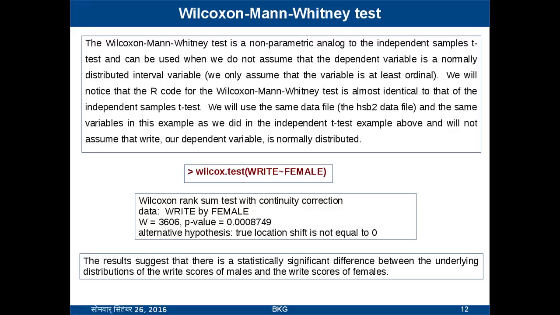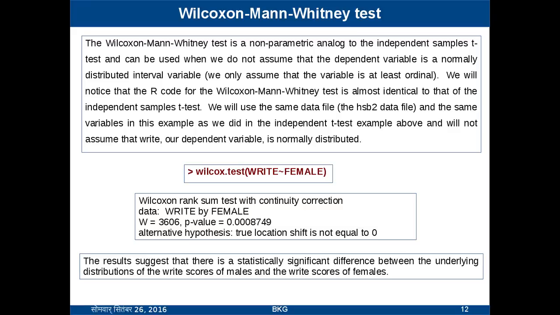We will use the same data file and the same variables as we did in the independent sample t-test. The only difference is that we will not assume normality about the dependent variable, that is writing score.